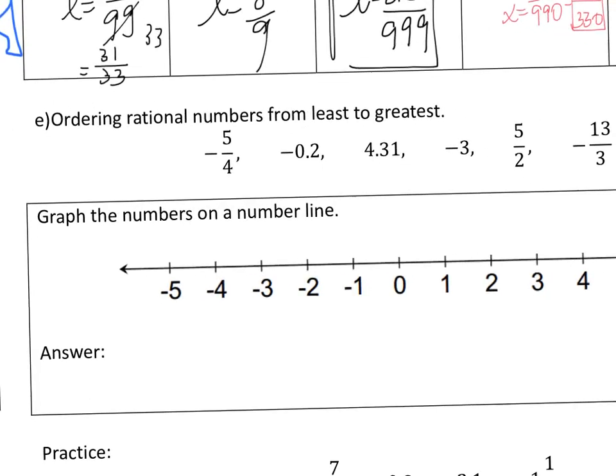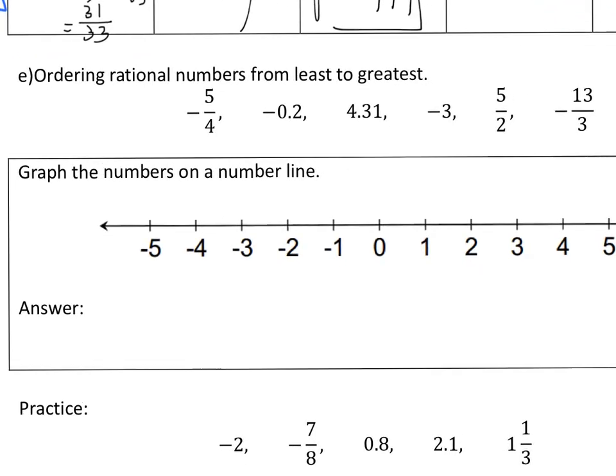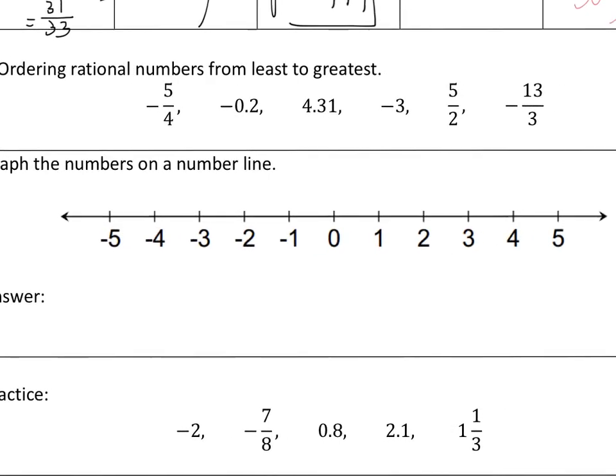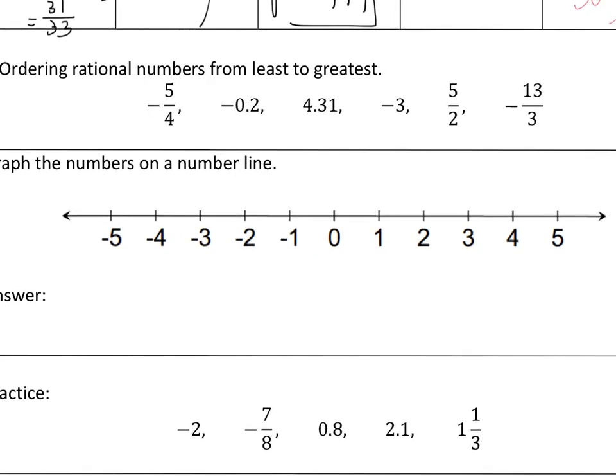Ordering rational numbers from least to greatest. You don't have to use a number line to do this, but I am going to use a number line to show you how to not make careless mistakes, okay? So negative 5 over 4 on the number line, it would be where? It would be negative 1 and 1/4 right here, okay?